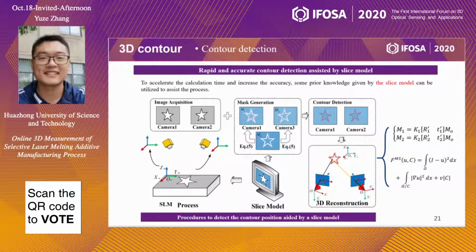Therefore, we generate an original mask M0 from the slice model. Then the mask M0 is processed to create the image masks for the two cameras, and the 3D contour data can be calculated. This method significantly increases the speed and accuracy of the contour detection process.